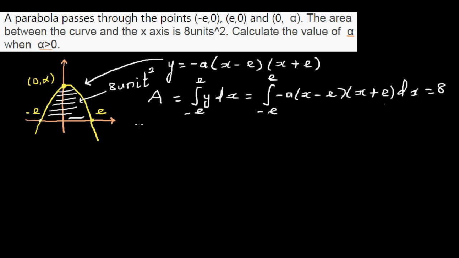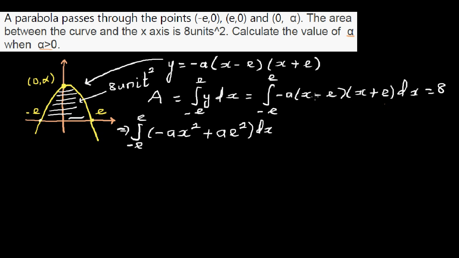So this implies the integral from negative e to e of, expanding and simplifying, minus a x squared plus a e squared dx. I hope you understand the expansion.